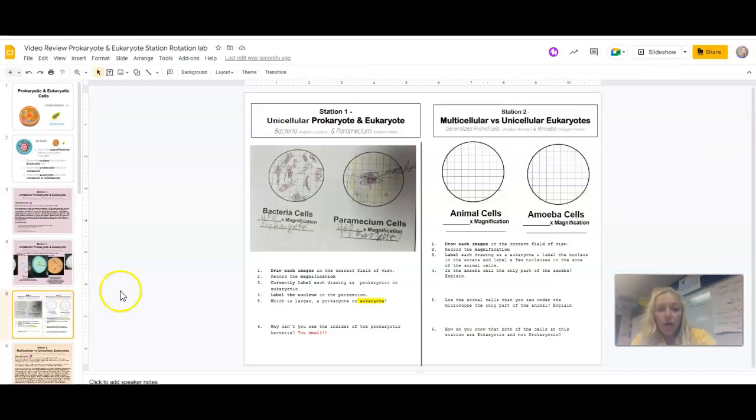And then on your answer sheet, this was a picture of a student who I thought did a really good job. Notice that they had the magnification recorded there. They also recorded that the bacteria were prokaryotic.